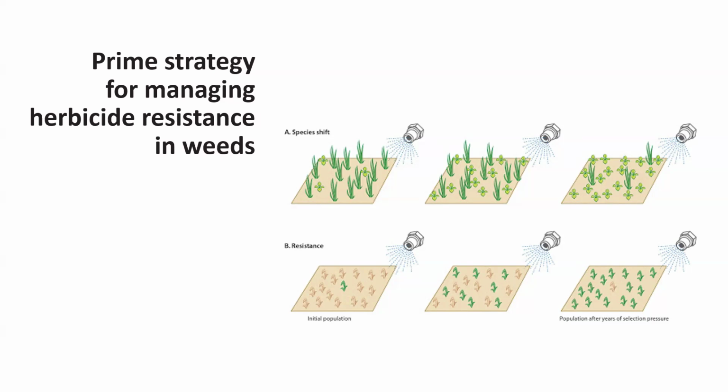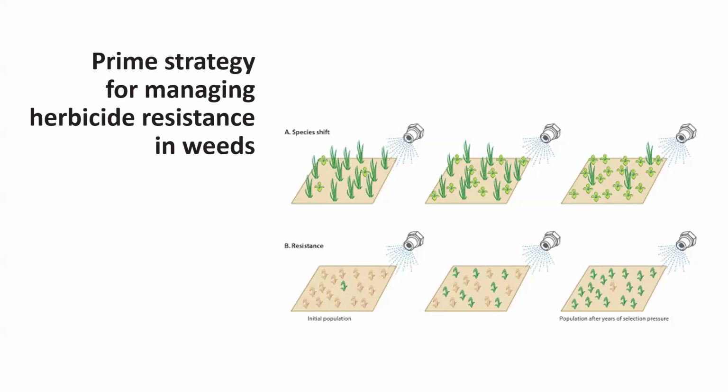In species shift, in a field, initially there are two types of plants, plant A and plant B. Plant A is dominant over plant B. After being sprayed with the herbicide, many plant B are still alive, while plant A dies, so that over time the land becomes dominated by plant B. While in the resistance process, in a field there is one species of the same plant.